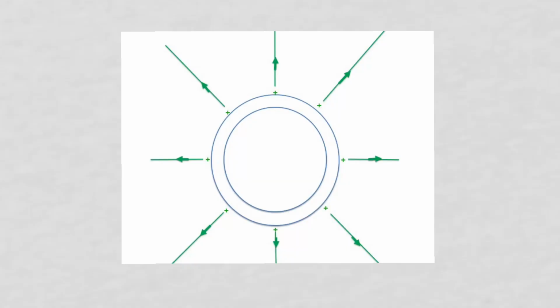This problem is about the fundamental relationship between surface charge and electric fields. So here we have a spherical conductor. Let's say it has radius a, and we've put some charge Q on it.